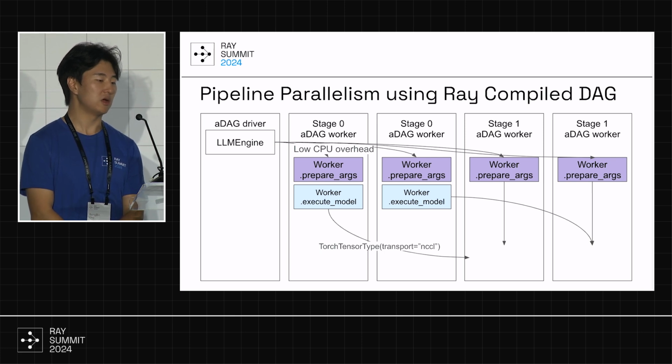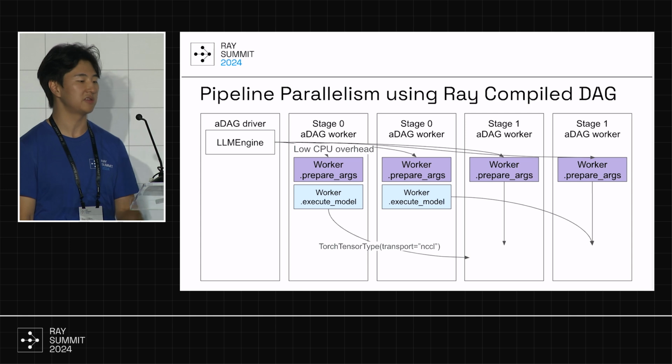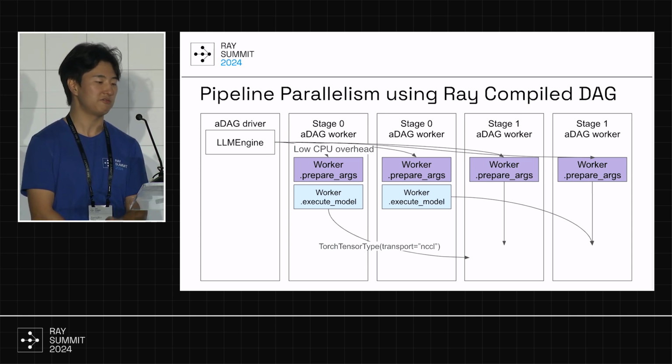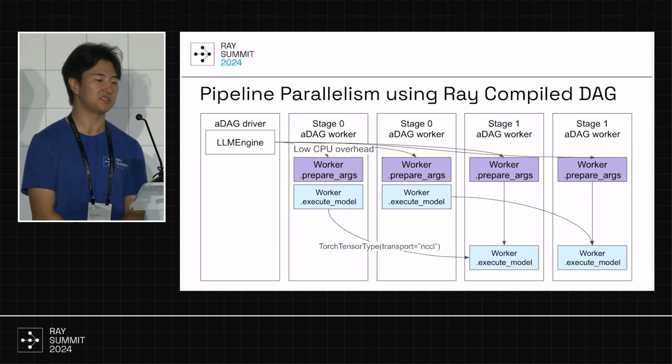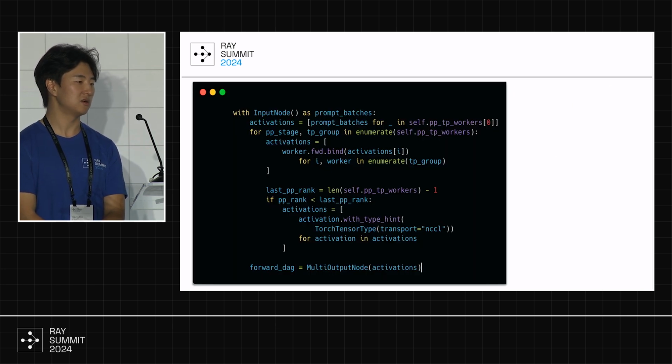And then for pipeline parallelism, you have to send the intermediate activation to the next layers. This can be implemented using the compiled graph, the NCCL RDMA. And then for the second stage, you can just execute the model with the activation transferred. So this is kind of like pseudocode for pipeline parallelism.